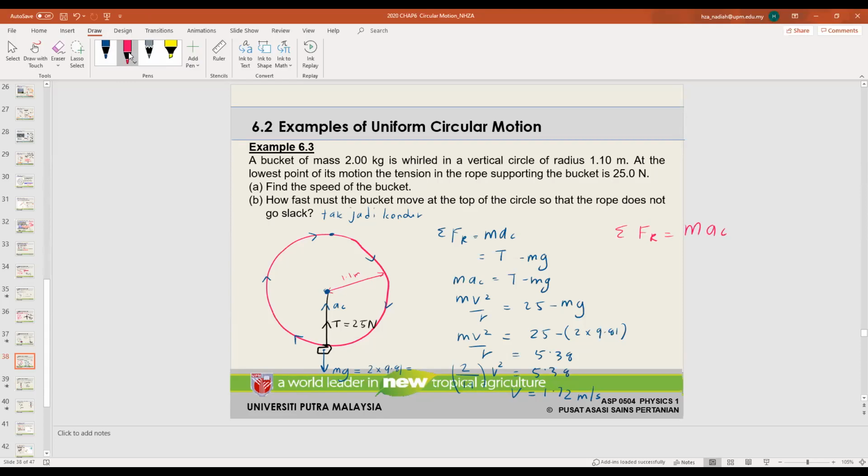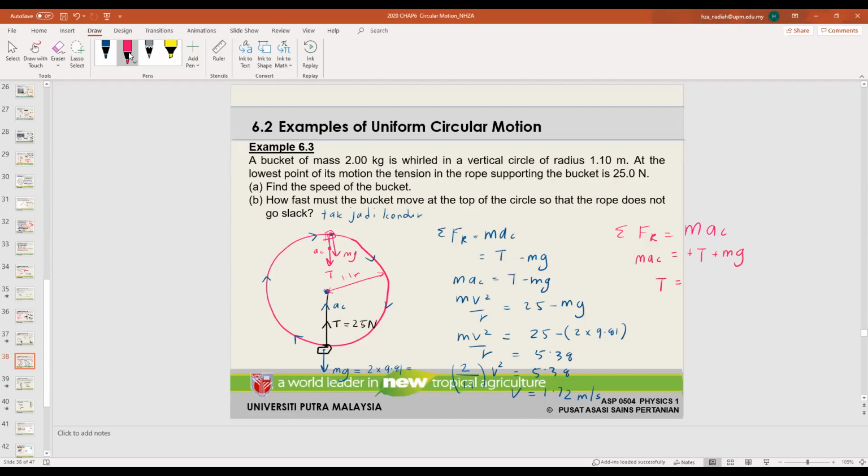MAC. At this point, your mg is here. You don't have r, and your T is also here. Your AC is also here. So here your equation becomes positive T plus mg equals to MAC.